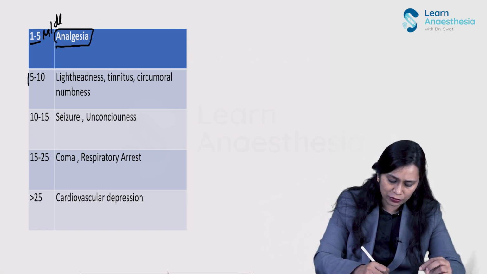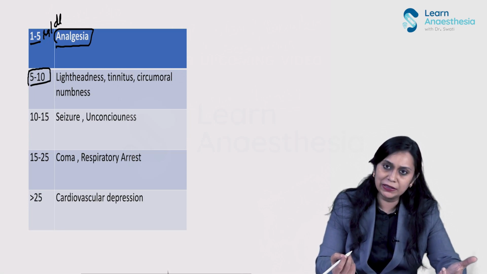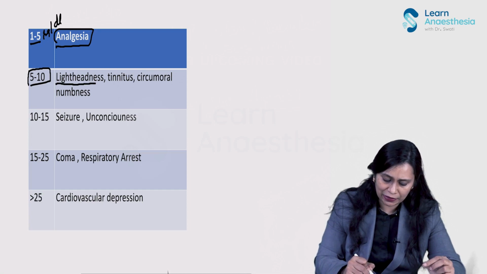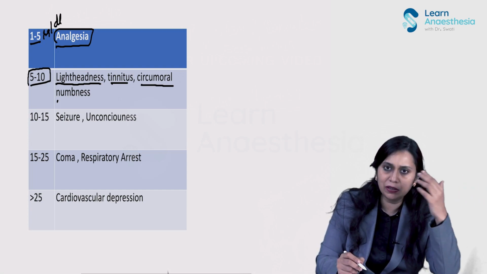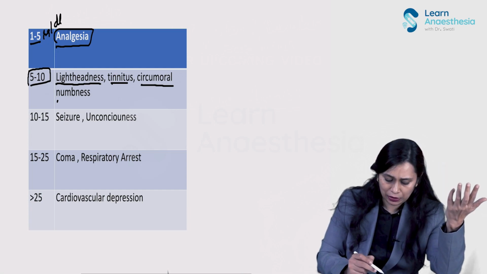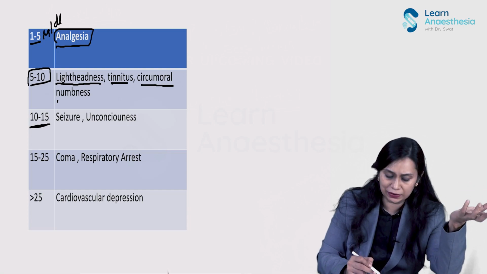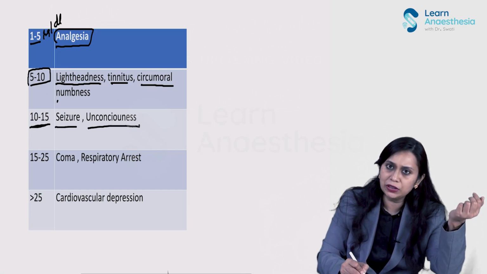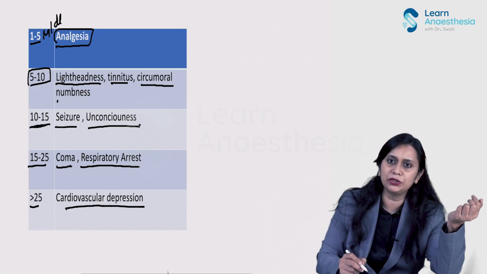But as it increases to 5 to 10 microgram per deciliter, we get lightheadedness, tinnitus, circumoral numbness. The patient starts complaining, becomes apprehensive, lightheaded, and complains of tinnitus. If the concentration further increases to 10 to 15 microgram per deciliter, seizure and unconsciousness. If it increases further, it can progress to coma, respiratory arrest and cardiovascular depression.